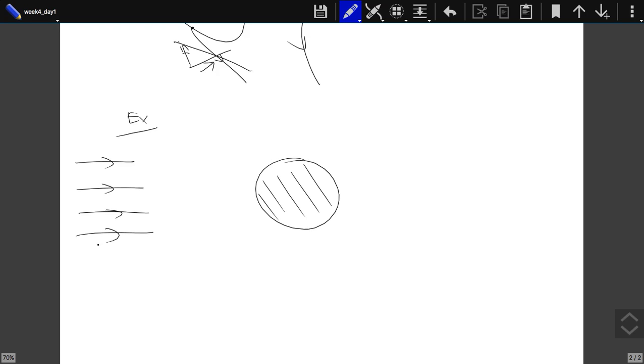Let's say this is a metal, the electrons, in which direction will the electrons move? To the left or to the right? So which direction will the electrons move in this electric field?